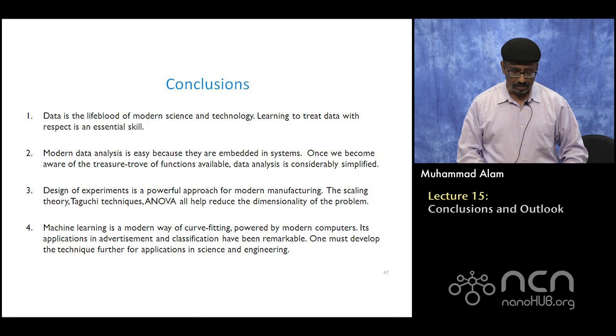We are not in the advertisement or classification industry. So when we do things for science and engineering, we have to borrow the tools that they have developed, but we have to be extremely careful and guided by physics and engineering principles. So we cannot put away all our physics books, all our statistics books, and simply use machine learning to do everything that we need to do. It doesn't work that way.